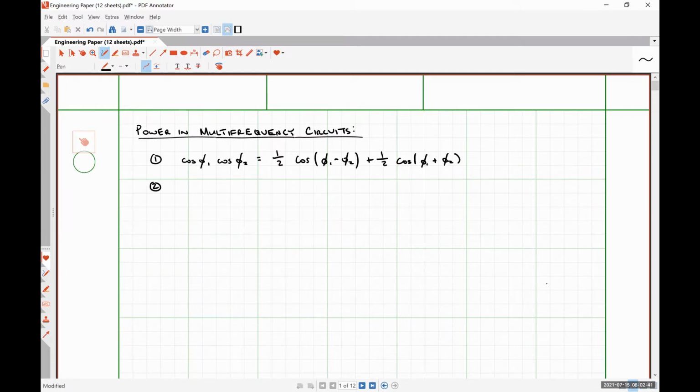Another one that we're going to wind up using is that cosine of negative theta is the same as cosine of theta. And our third one is sine of negative theta is equal to, not sure if we're going to use this one, but I'll put it in here just in case, negative sine theta.